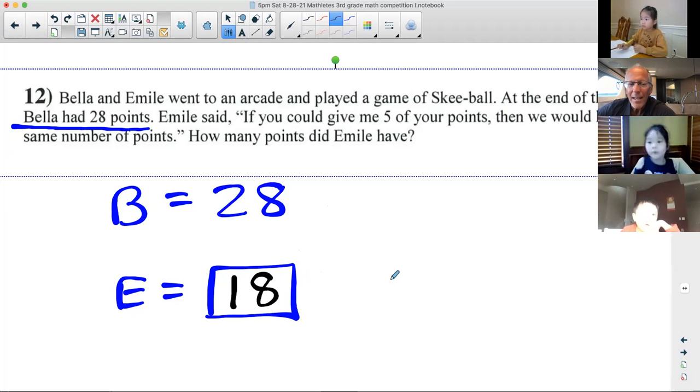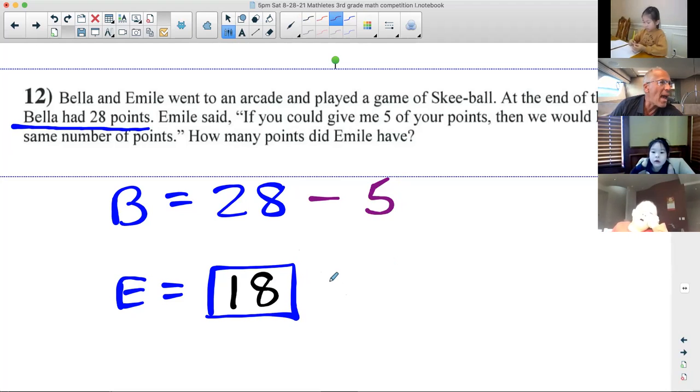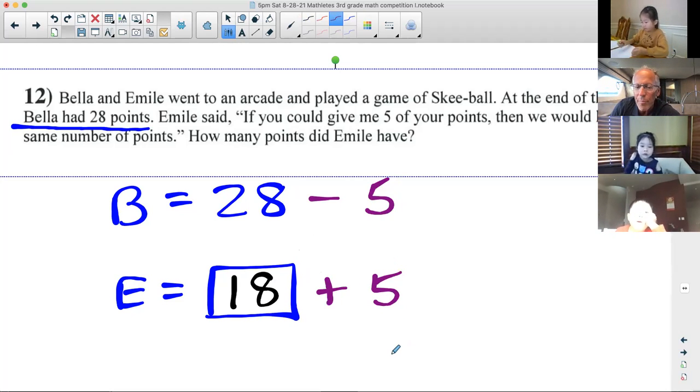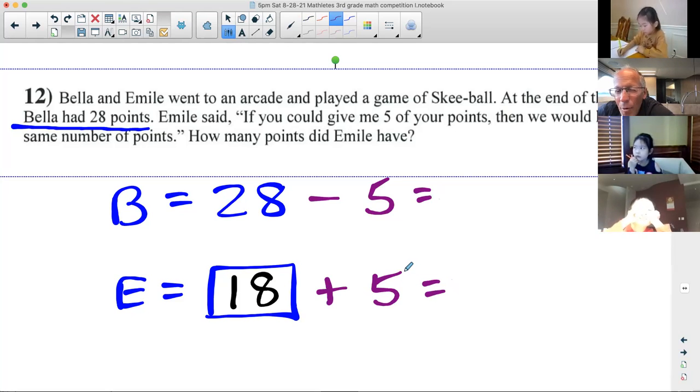He said, if we take 5 away from Bella and we give those 5 points to Emil, they will both have the same. Now, Catherine, I want to ask you, how many points will they now have if Bella gives Emil 5 of her points?